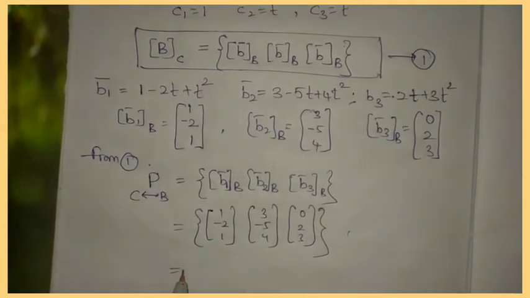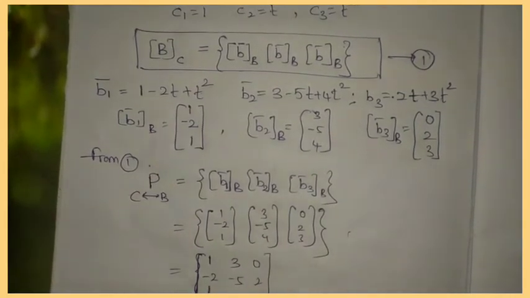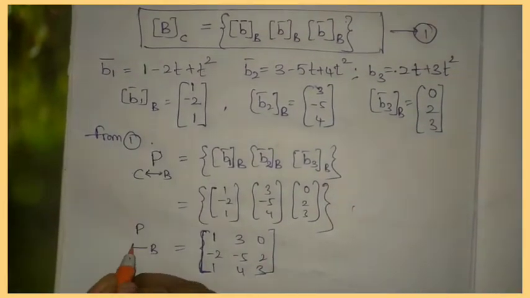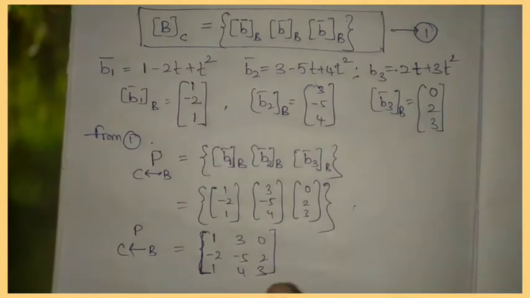We'll make it as one matrix, that is 1 3 0, minus 2 minus 5 2, and 1 4 3. Okay, this is P B to C. Okay, this is the first answer.